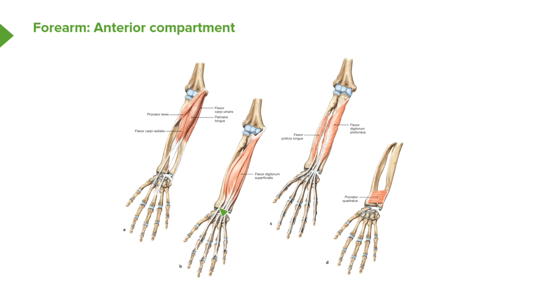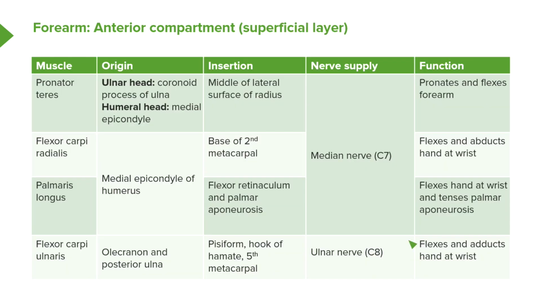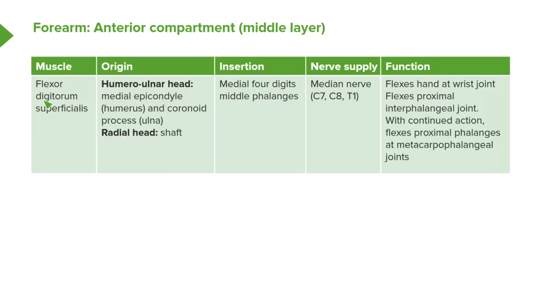We can see that its long tendons pass all the way to the middle phalanx of the digits. If we have a look at the attachments of this muscle, flexor digitorum superficialis has two heads.